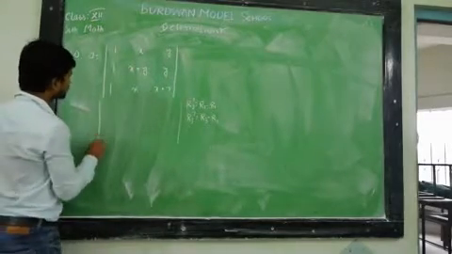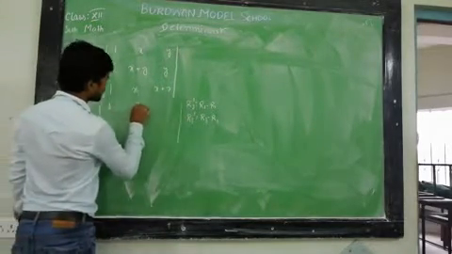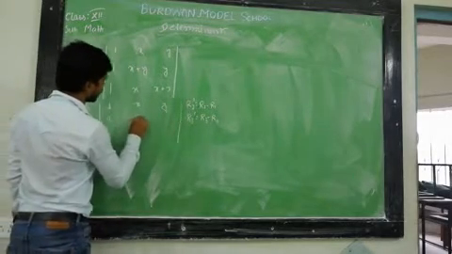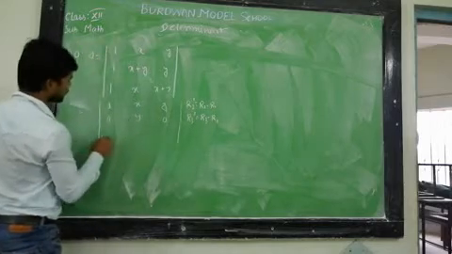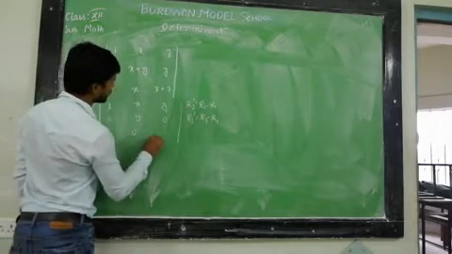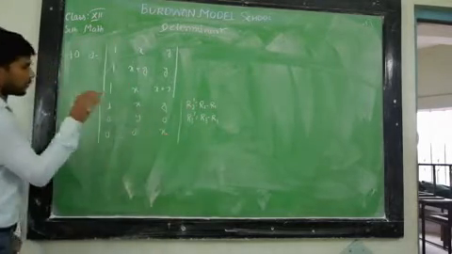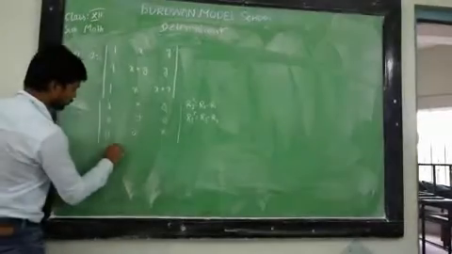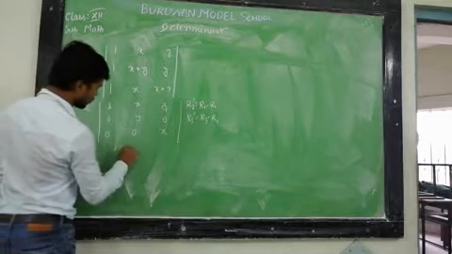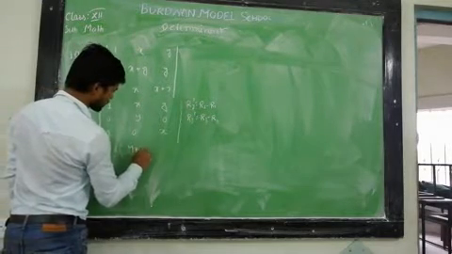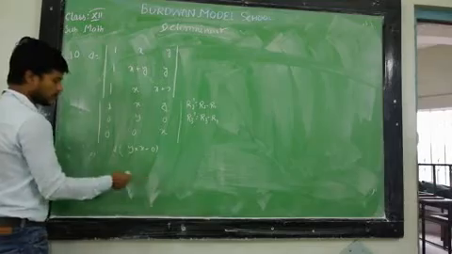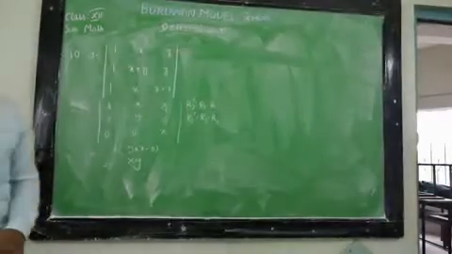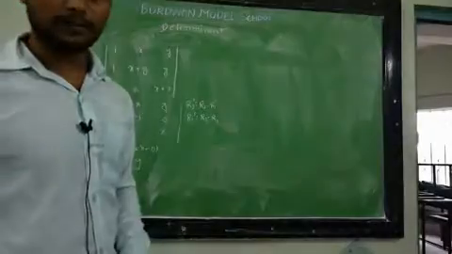So the first row will be 1, x, y, the second row will be 0, y, 0, and the third row will be 0, 0, x. Now if you expand the determinant along the first column, it will be 1 into y into x minus 0, and the remaining entries will be 0. So the answer is x into y. So the value of the determinant is xy.